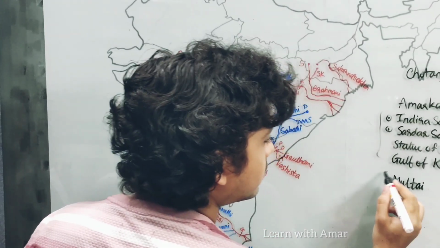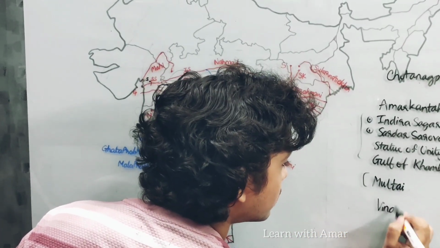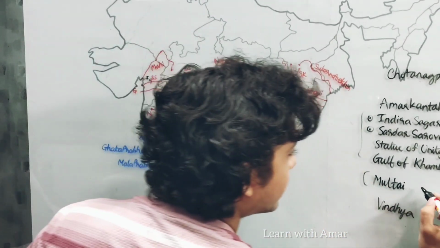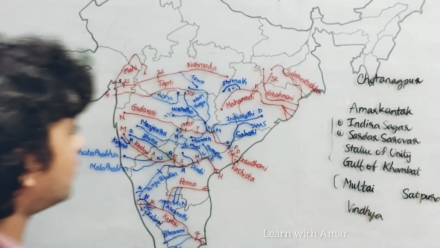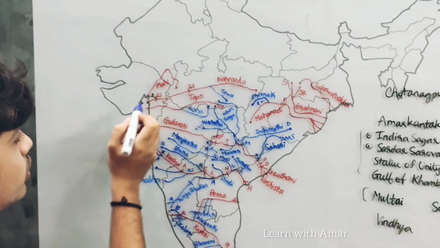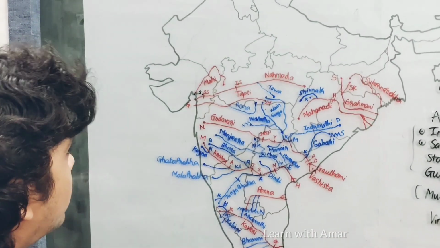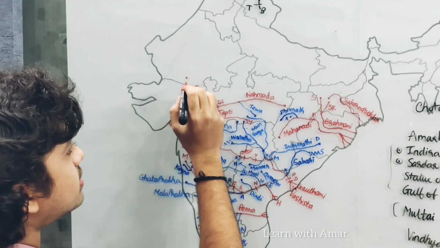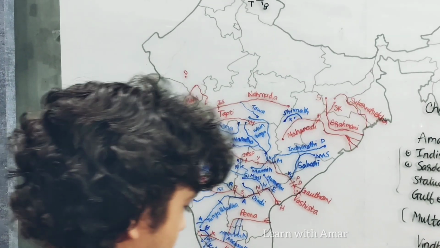So this was for Tapti, and this is Mahi. Mahi originates in the Vindhya range, where these all originated in Satpura. Let me just write that also, Satpura range. Okay, and where does Mahi flow into? It flows into Gulf of Khambat. Okay, then we also find another important river here. This is Sabarmati. Sabarmati originates in the Dhebar lake in the Aravalis.